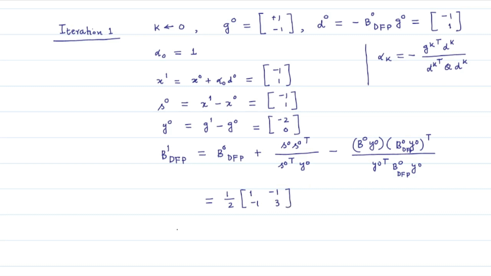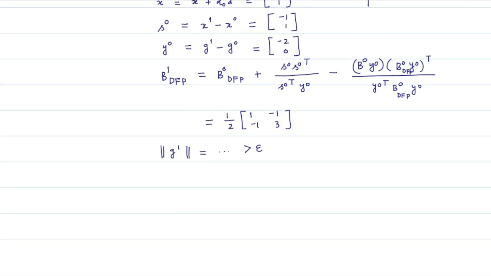Verify it. Now at the end of iteration 1, we check if the norm of the gradient at the current iterate x1 is less than epsilon or not. You will find that this quantity is greater than the epsilon value. Epsilon is equal to 0.01. Please verify it, and therefore we proceed to the next iteration, iteration 2.